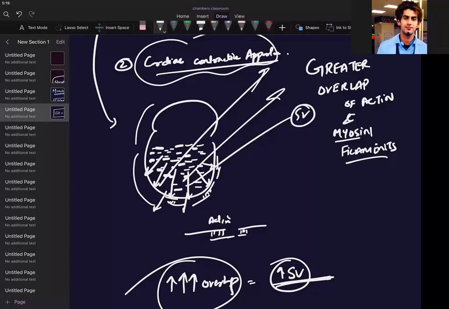What changes, sir? It makes the cardiac myocyte more sensitive to cytoplasmic calcium. Now you tell me, isn't calcium responsible for contraction, troponin C? Do we remember that in skeletal muscle? So once you increase calcium, you will increase contraction. So this theory is saying the contractile apparatus of the cardiac myocyte becomes more sensitive to calcium when you increase the stretch, which is produced by the preload.